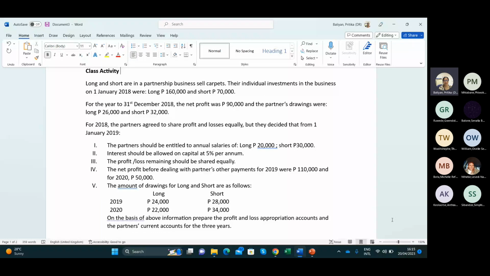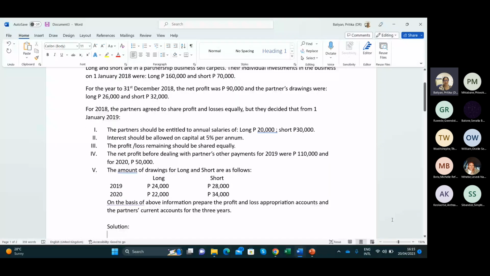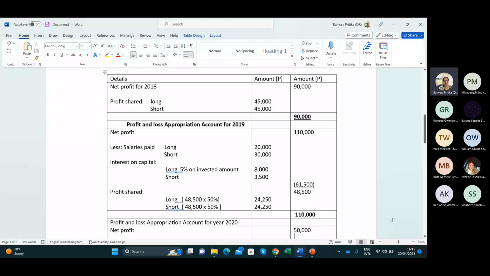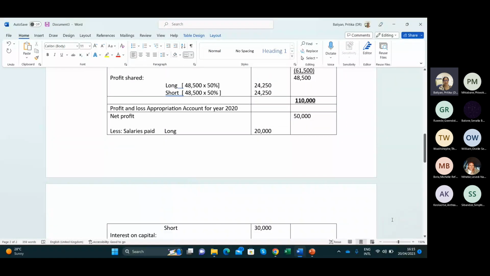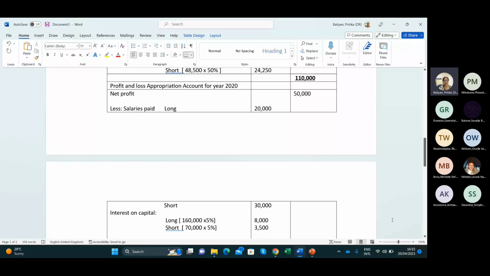So the profit was only 50,000. The salary paid was 50,000. And the interest on capital is for Long 8,000, because the interest will be the same for each year. And for Short it is 3,500.